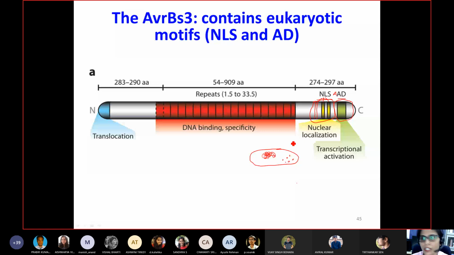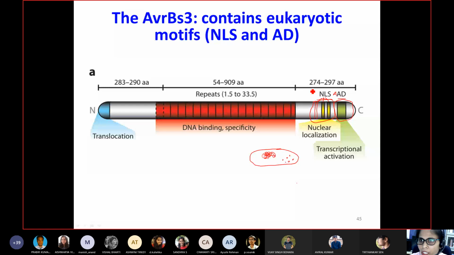Next, they found that these NLS were very similar to those of animal systems, because from its characteristics and from the database they could find a close relationship with animal or plant systems, and then they were able to carry out mutations. For example, these are the three NLS sequences in the C terminus, 1, 2, and 3, defined here, and like the repeat sequences, they deleted them.